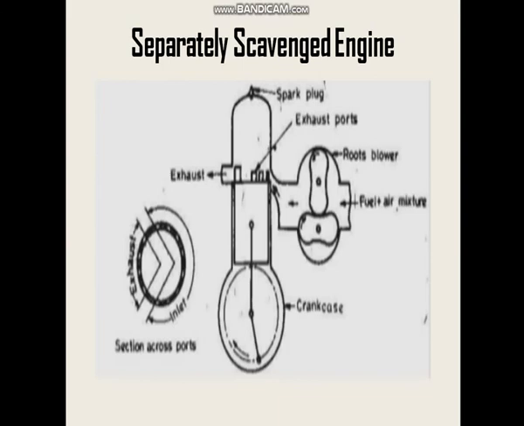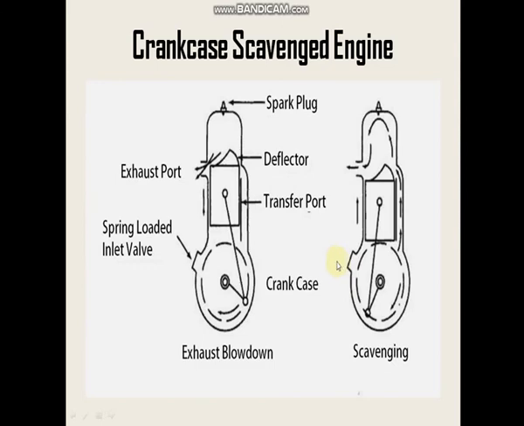The separately scavenged engine will be much more efficient than the crankcase scavenged engine, because in the crankcase scavenged engine, some amount of lubricating oil is also mixed with the air fuel mixture, and it lubricates the parts at the top of the cylinder.